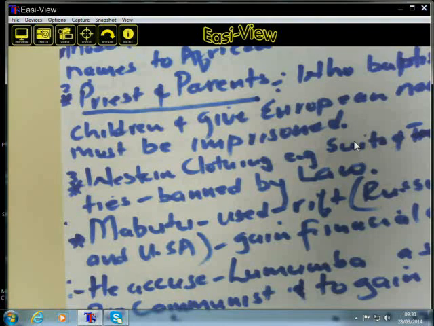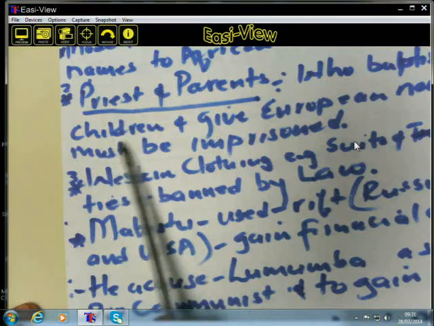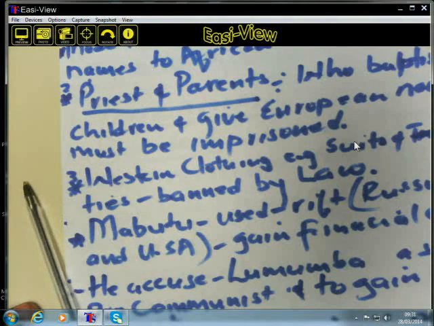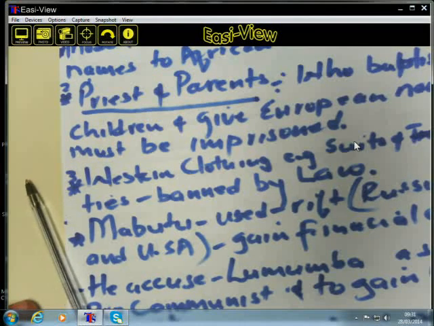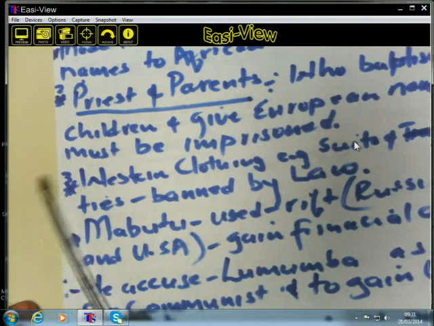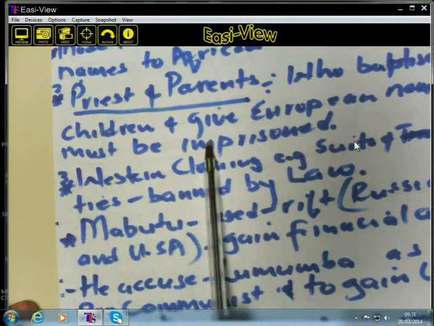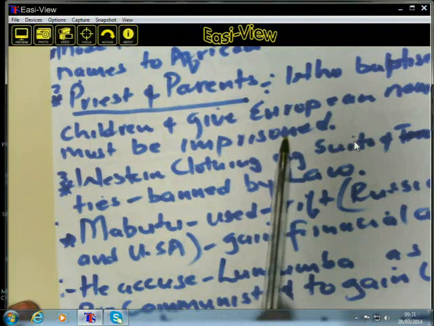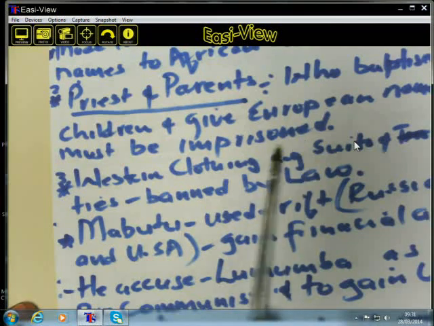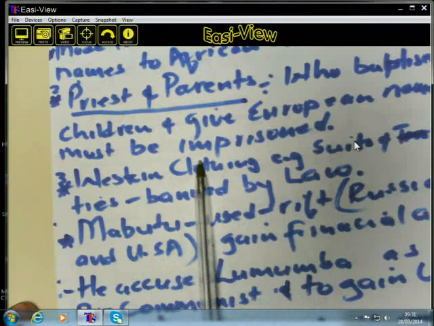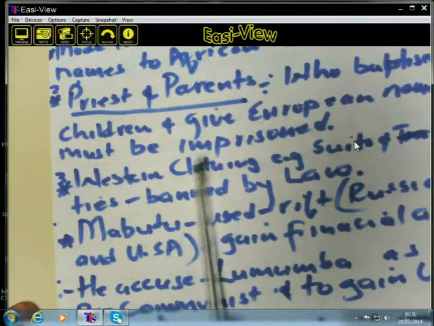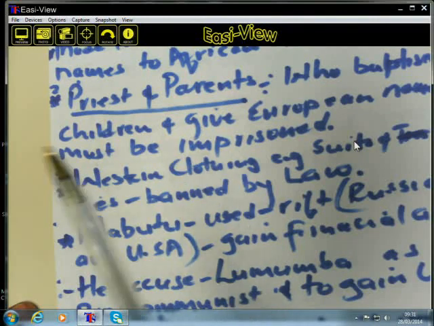The second thing that Mobutu Sese Seko did as the president in charge now: for both priests and parents who were baptizing children and giving them European names, those people must be imprisoned for a period of 5 years.